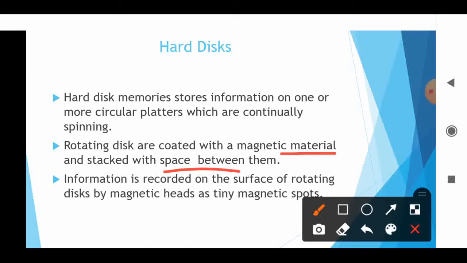Information is recorded on the surface of the rotating disc by magnetic heads. The hard disk capacity is measured from gigabytes up to terabytes.